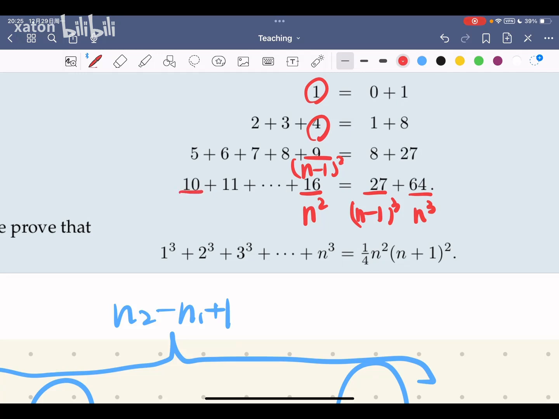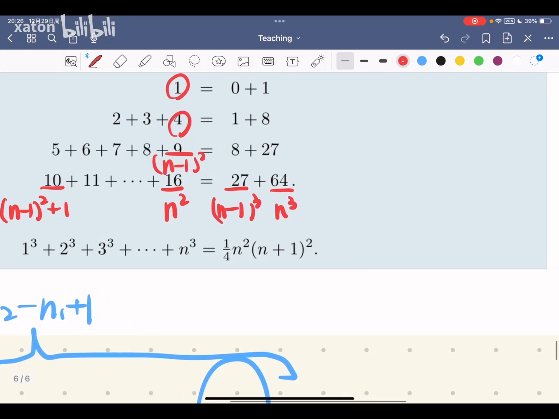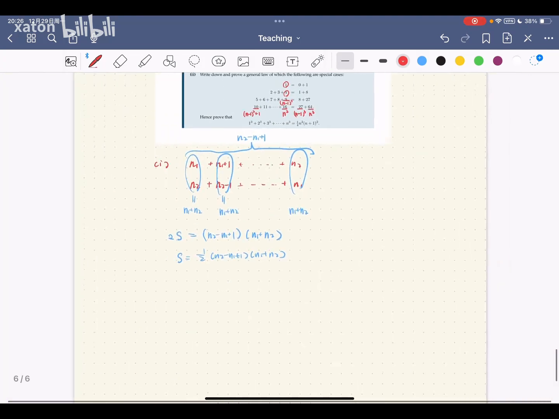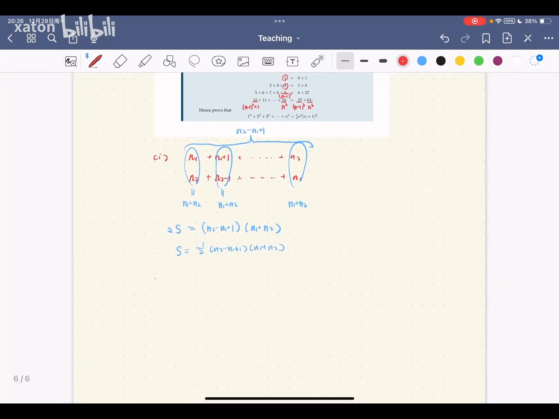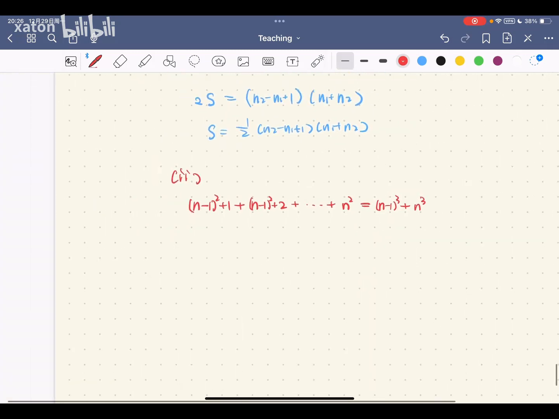So this is actually n minus 1 squared plus 1. Let's go. What we want to prove here is n minus 1 squared plus 1 plus n minus 1 squared plus 2 plus 2n squared equals n minus 1 cube plus n cube. This is what we want to prove.